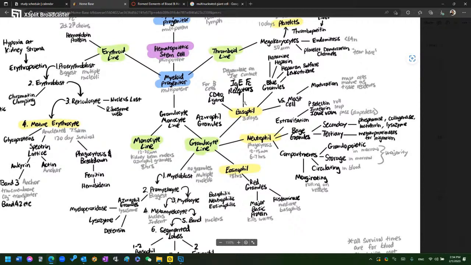Basophils are covered in IgE, these kinds of Fc receptors. What happens is the B cell releases these IgEs, and then the IgE will attach to the basophil and coat the outside of it, so it'll wear it like clothes. And if that comes into contact with something, then it will send a signal to the basophil, where it will then degranulate and cause an allergic response.